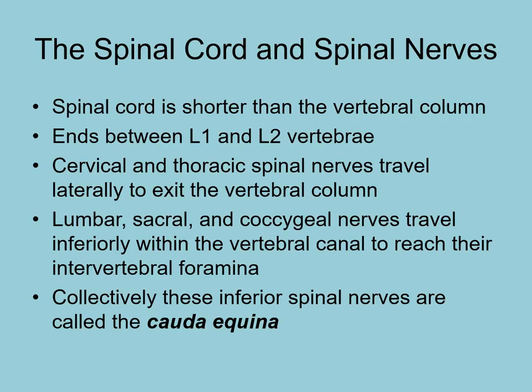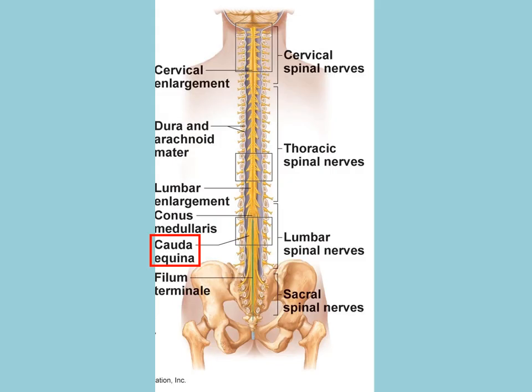Collectively, all of these inferior spinal nerves are known as the cauda equina. And so this is what we're referring to right here, that these nerves will just move out directly versus here, these must move down and then out. And so this is what you call the cauda equina.